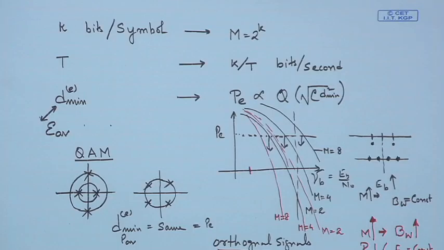So, we are going to discuss a bit of channel capacity in this particular lecture, and the aim would be to get an insight into how the channel capacity comes into play and what is the consequence of channel capacity in terms of the performance of a digital communication system.